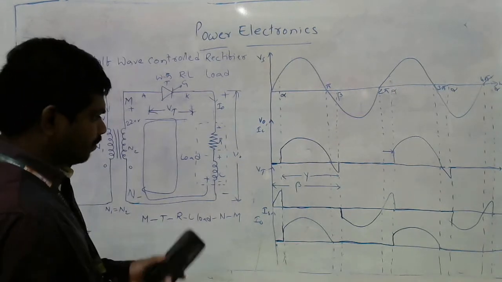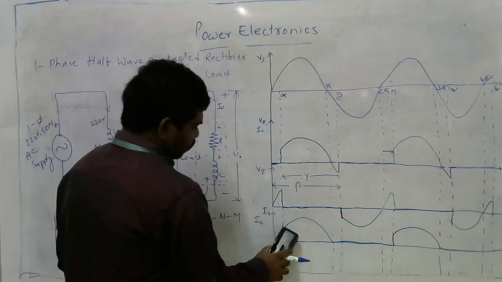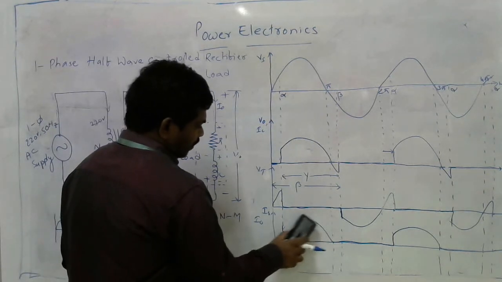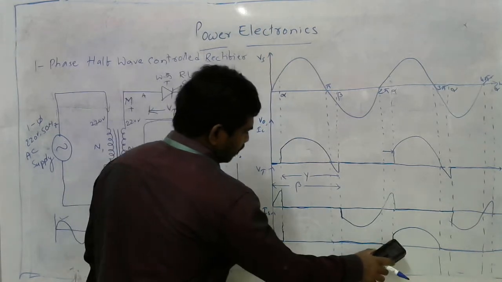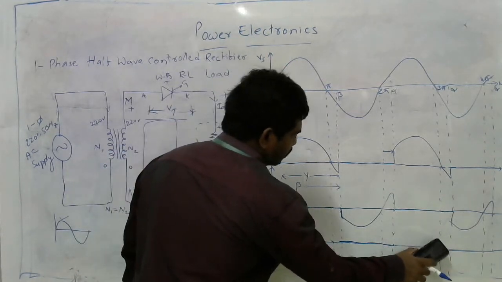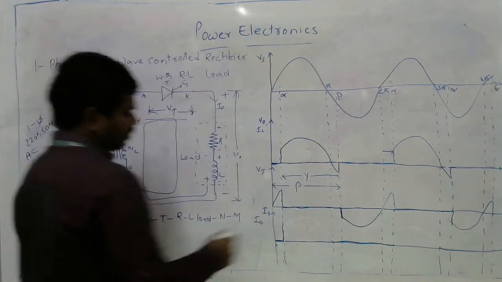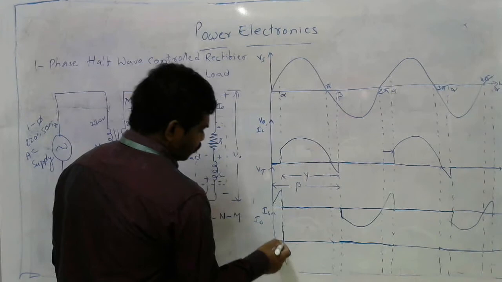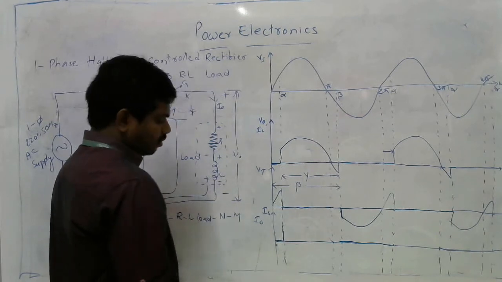As we said, the inductor does not allow a sudden change in current, so the shape of the currents is not the same as the voltages. Let us see. During this portion, the thyristor is not conducting and doesn't allow current to flow.